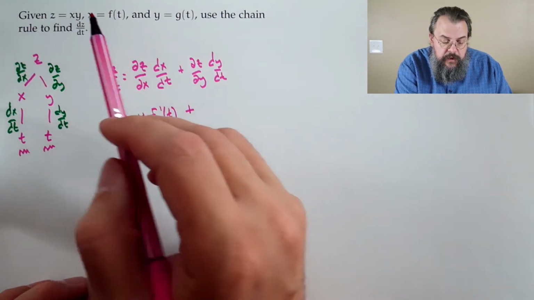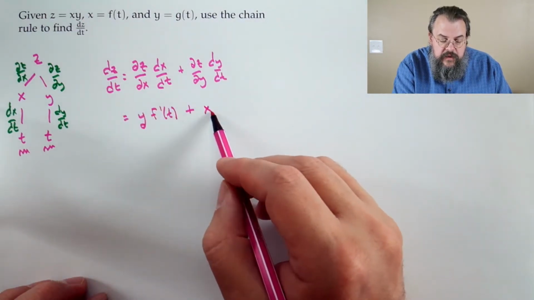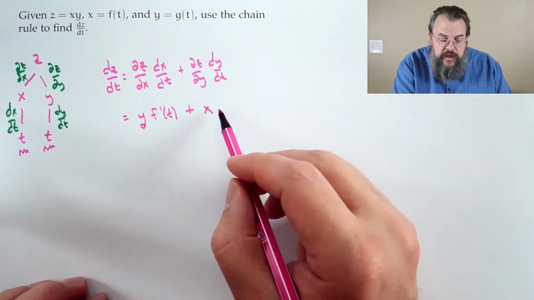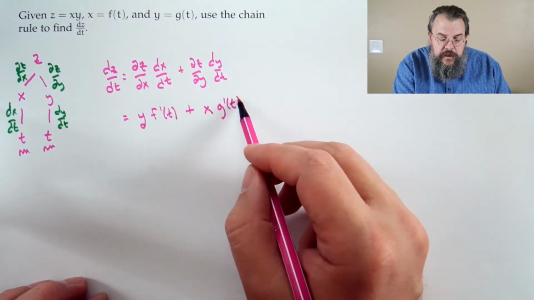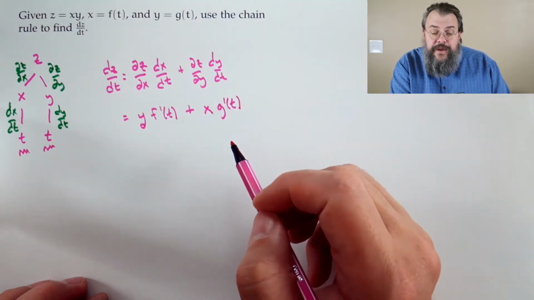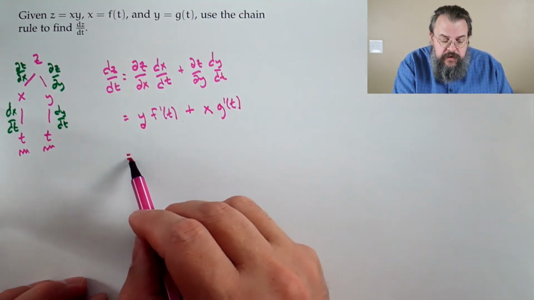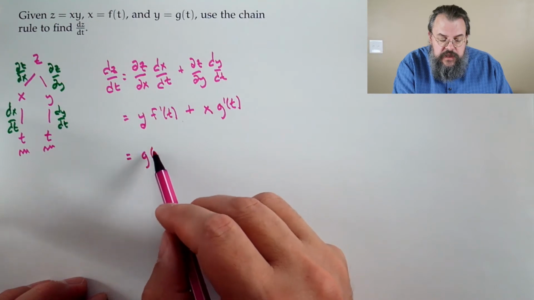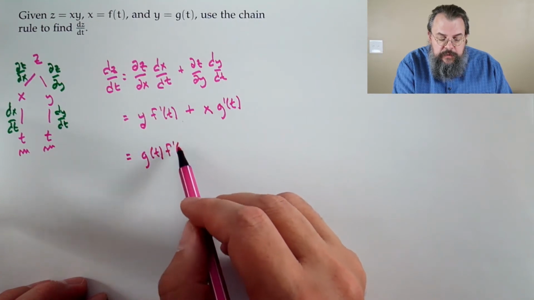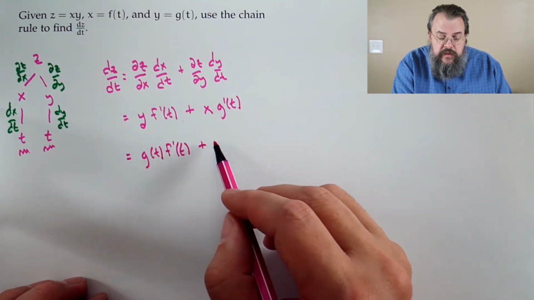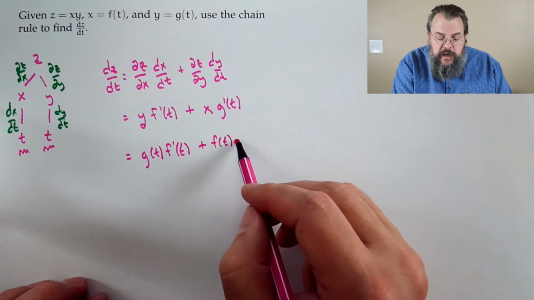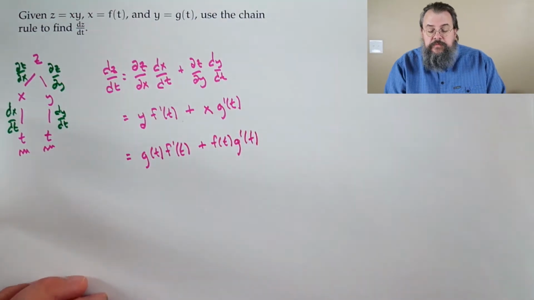Derivative of z with respect to y is x. And then times dy dt is g prime of t. But wait, let's do one more thing. We know what x and y are. So we could write this as g of t, because that's what y is, f prime of t, plus f of t times g prime of t.